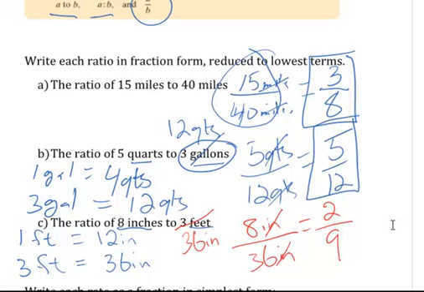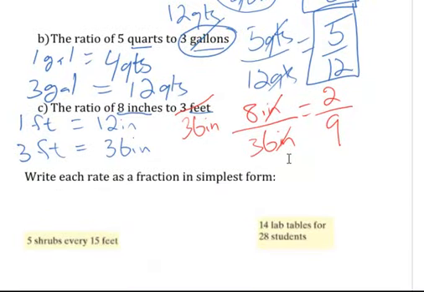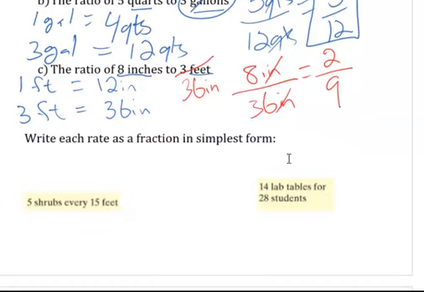Now, the difference between a ratio and a rate: in a ratio, the units are going to be the same. If you notice, we had miles to miles. We did some conversion, quarts to quarts, and inches to inches. In a rate, the units are not going to be the same. So 5 shrubs for every 15 feet. So I'm going to do 5 shrubs over 15 feet.